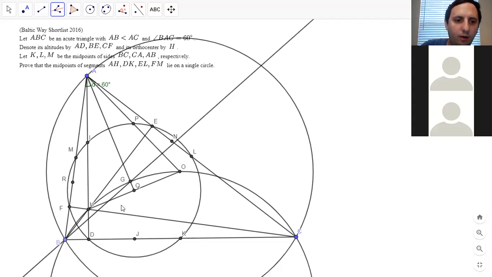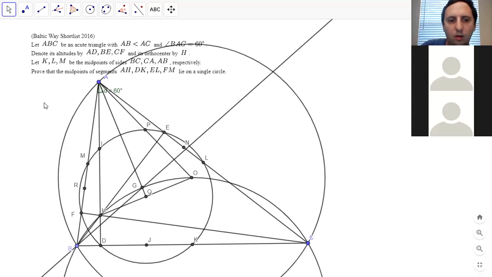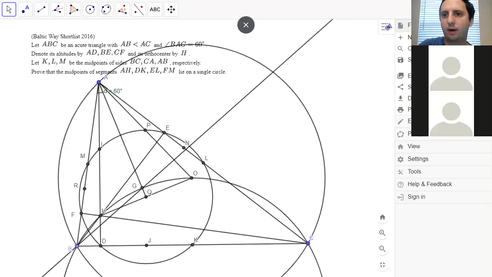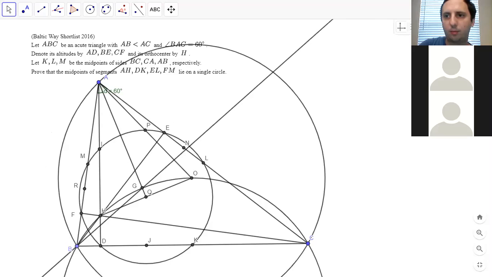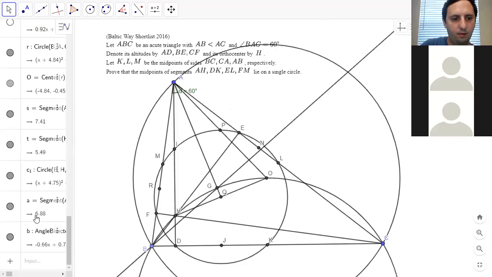I don't think R and J are actually the tangency points in the incircle. I think I just check it with GeoGebra. Maybe I drew something wrong, but if I draw the incircle, I think G doesn't lie on BOC. G doesn't lie on BOC.